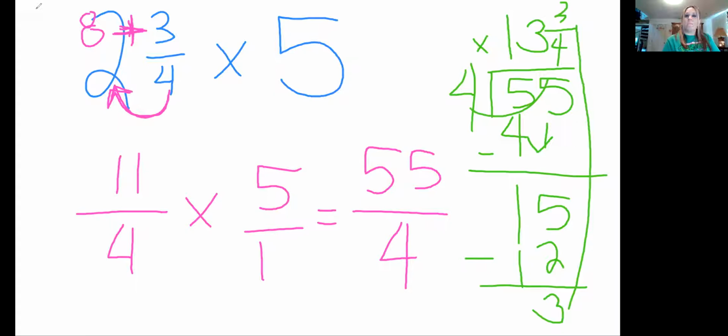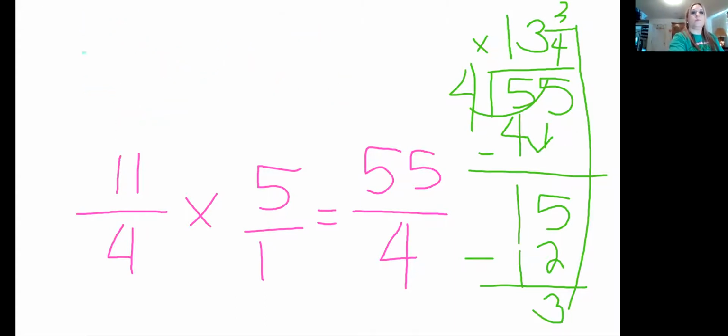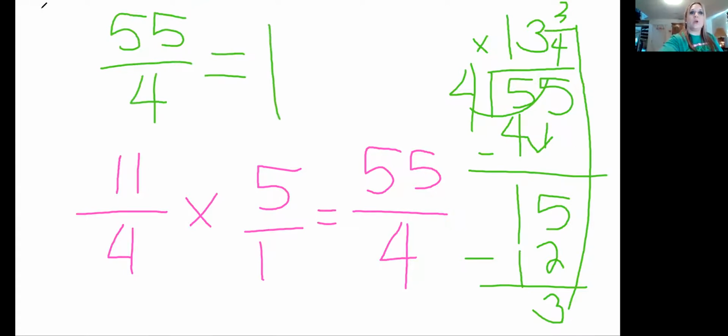You got that? All right. Therefore, 55/4 is equivalent or equal to the mixed number 13 3/4.